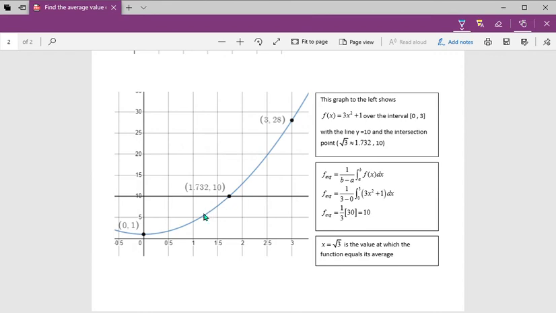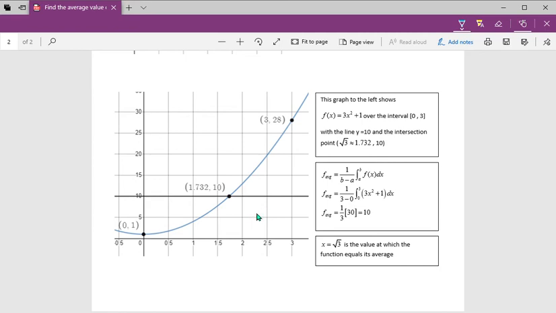So where that horizontal line intersects the curve, that represents the x value at which the actual value of the function equals the average value of the function over that interval, and that y value represents what that average actually is. Now, as far as what we need to know for this class, that's pretty much enough.